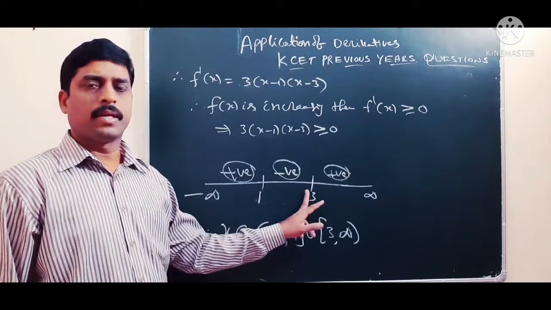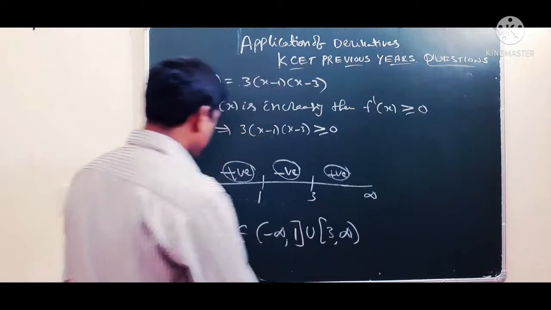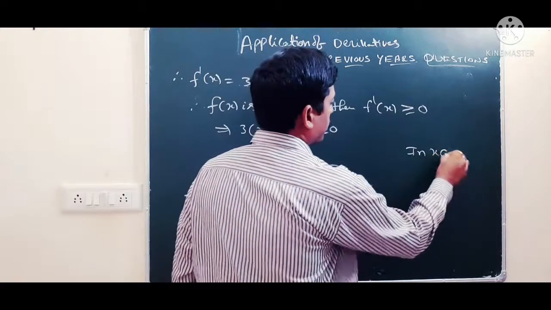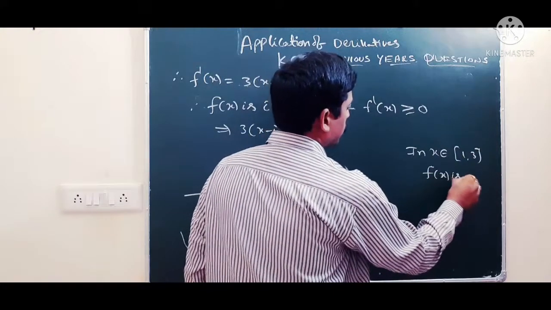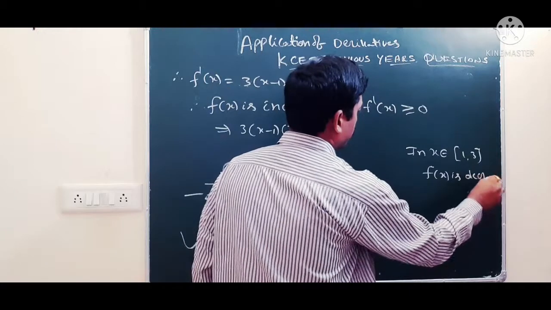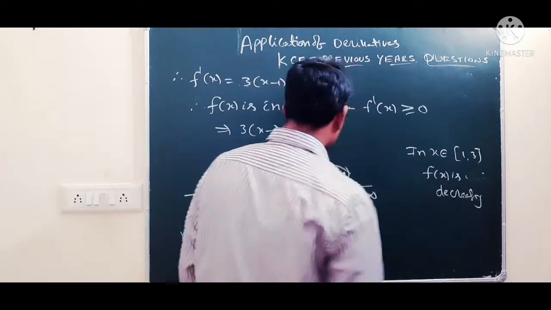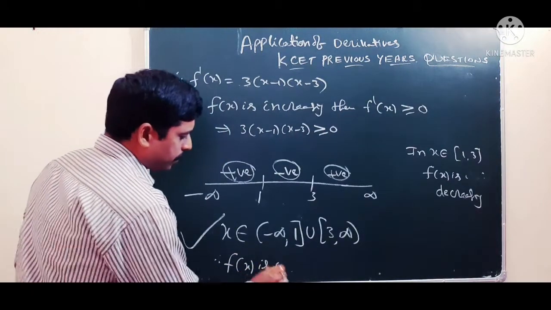Between 1 and 3, f of x is decreasing. So f of x is increasing in the other intervals.